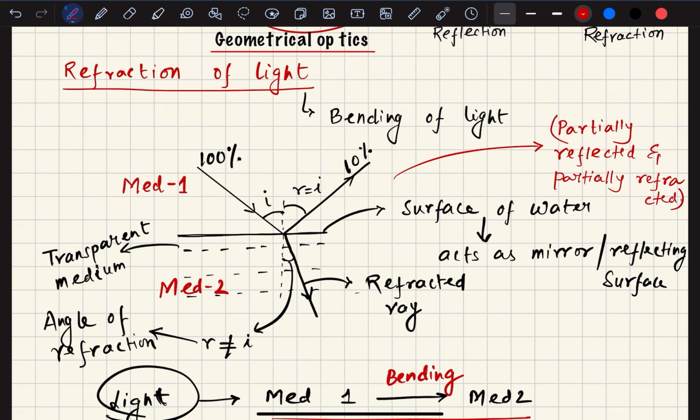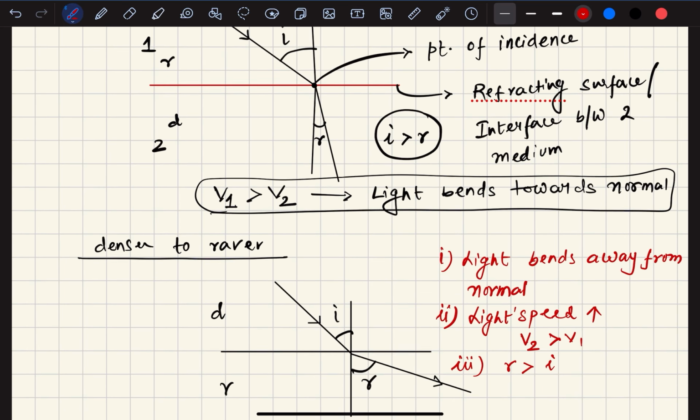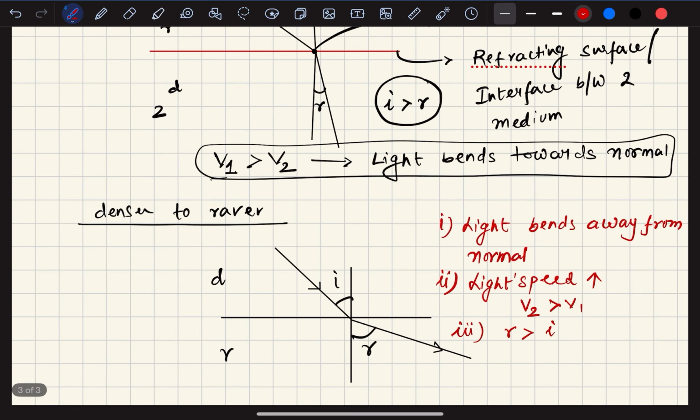Okay, so there is partial reflection and partial refraction both happening. However, as we are dealing with the chapter of refraction, we are showing here only refraction. So that is my intention to again show you that, and also for you to keep your notes in a proper fashion so that you don't miss anything. That's what our intention is. Okay.